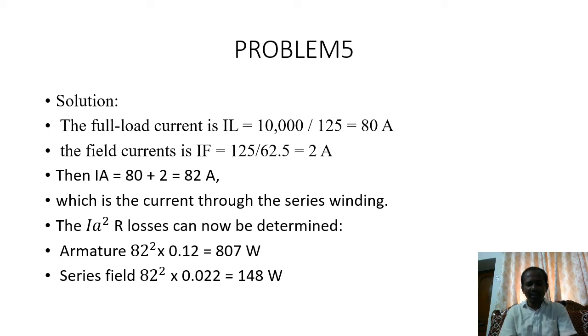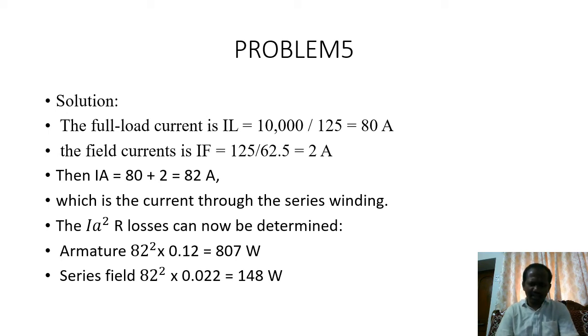Ia, you know, is 82 amperes. R is the armature resistance, 0.12. Ia square Ra is called armature loss. 82 square into 0.12 is 807 watts. This is 807 watt armature copper loss.